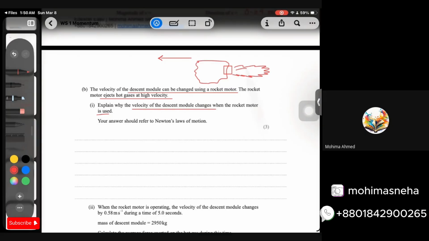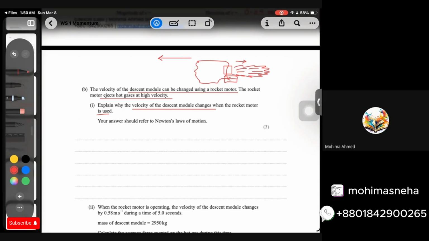This rocket is ejecting gas in the opposite direction to its motion. The motor provides a force in this direction on the gas molecules. The gas molecules provide a force in the opposite direction on the motor. Since the motor is fitted inside the descent module, the force from the gas actually acts on the entire descent module. Now, because of this force, what?